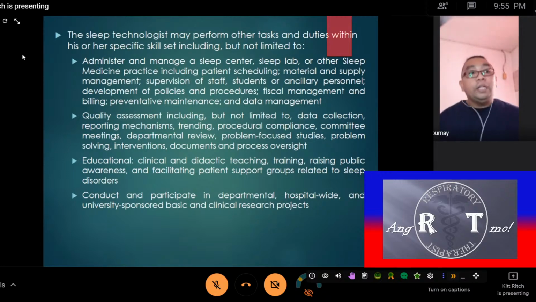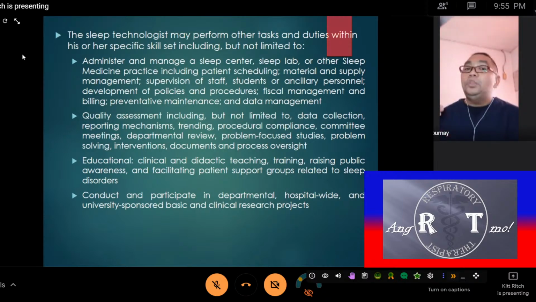You also need quality assessment in terms of data collection, report mechanism, trending, and procedural compliance. You need also to provide community meetings and departmental reviews, problem focused studies, and problem solving interventions, documents, and process oversight of the overall operations of the sleep lab.